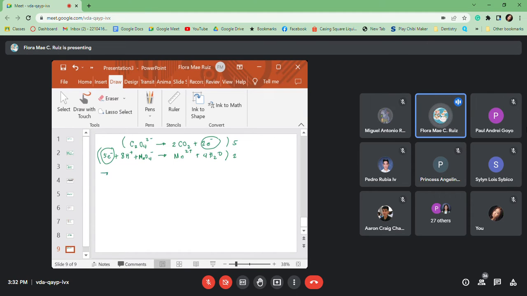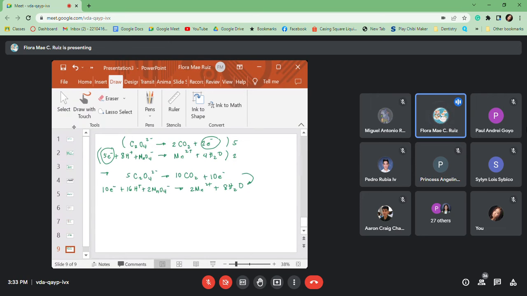So this will give us 5 C2O4 2 minus yielding 10 CO2 plus 10 e minus. In the second reaction, 10 e minus plus 16H plus 2 MnO4 minus yielding 2 Mn2 plus, 2 times 4, 8 H2O. And then, we add them together. Let's combine these two.